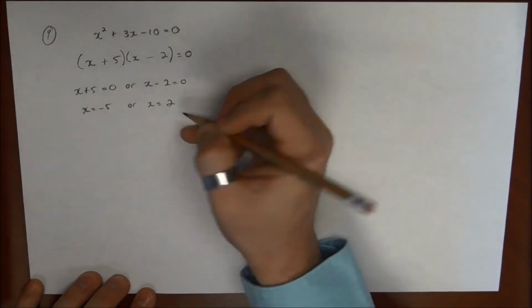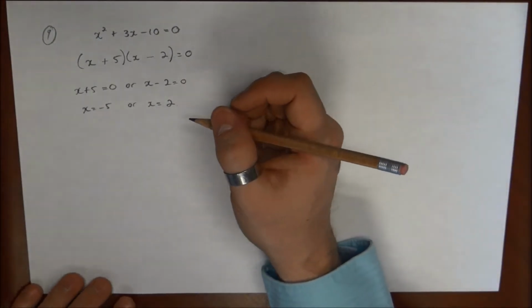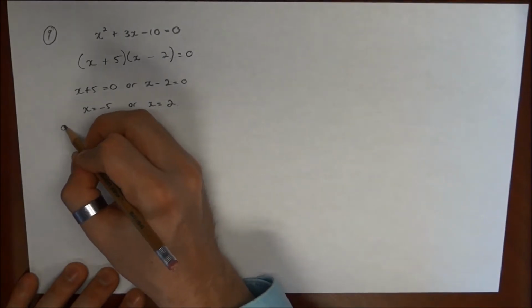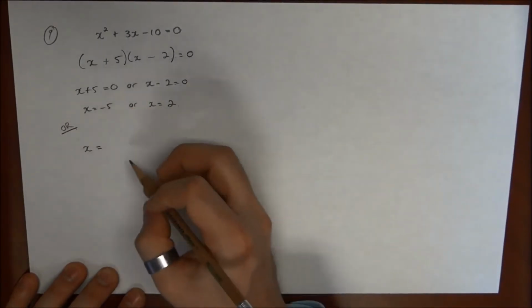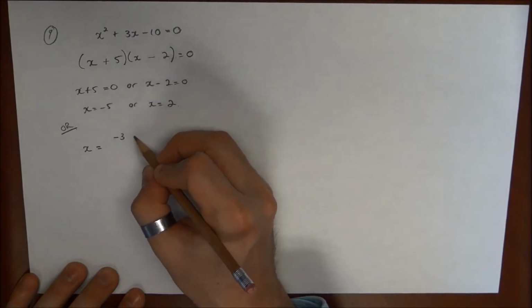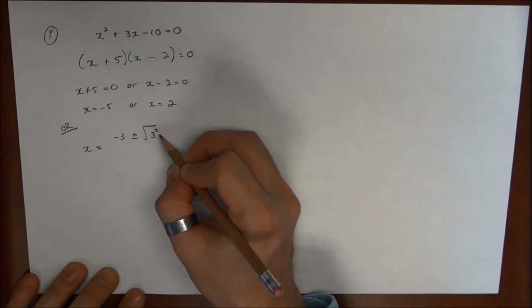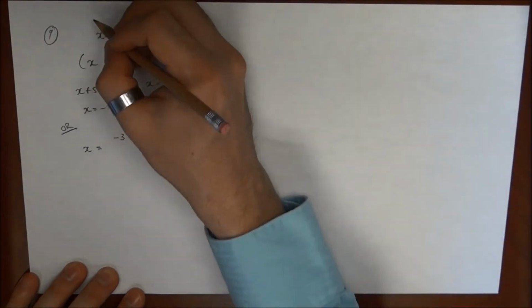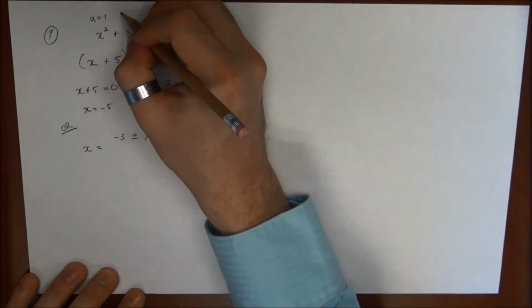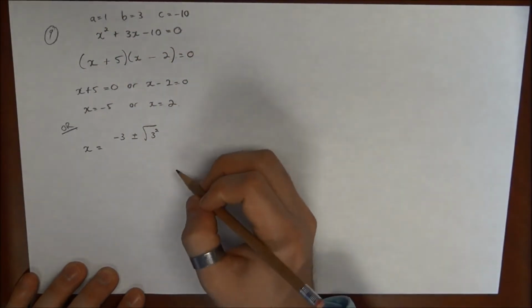x equals 2. Let's verify that the quadratic formula would work as well. So I could just go quadratic formula and say it's negative b plus or minus square root of b squared minus 4ac, all over 2a. So a is equal to 1, b is equal to 3, c is equal to negative 10.